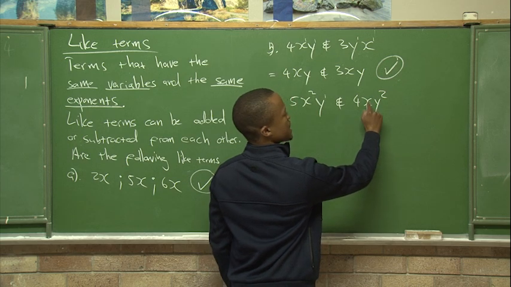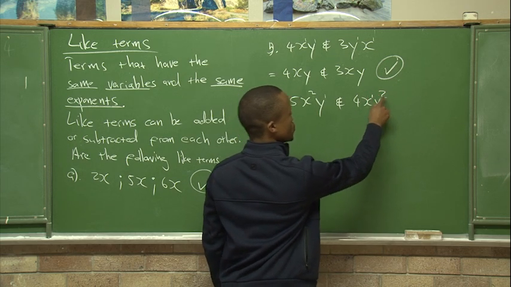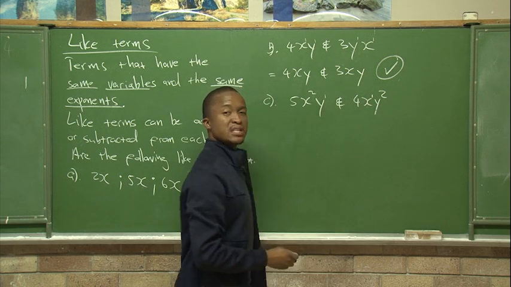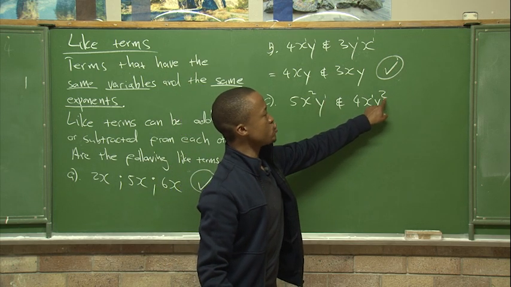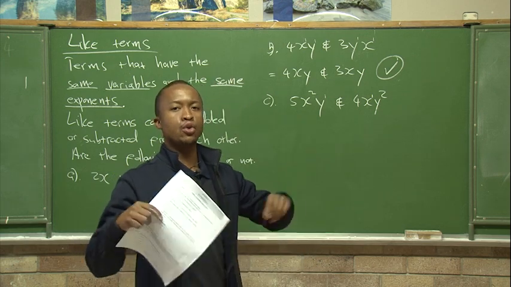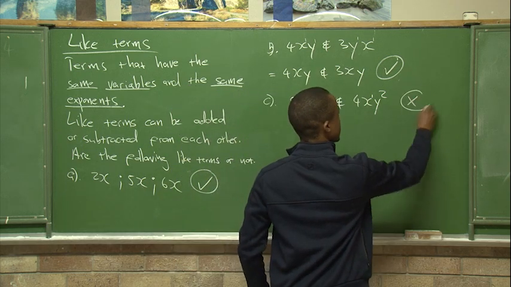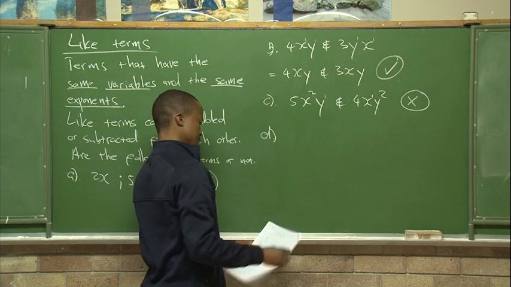For the second term, the exponent of x is 1, and the exponent of y is 2. So even though the variables are the same, the exponents are not the same. Therefore, they are not like terms.